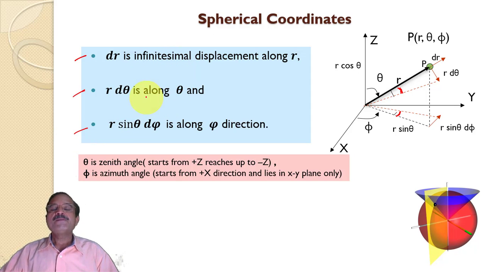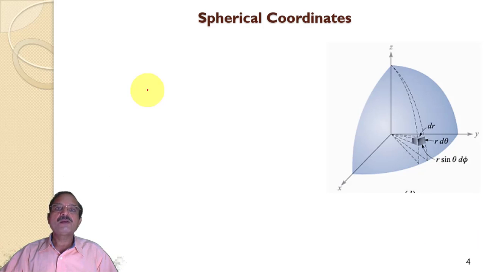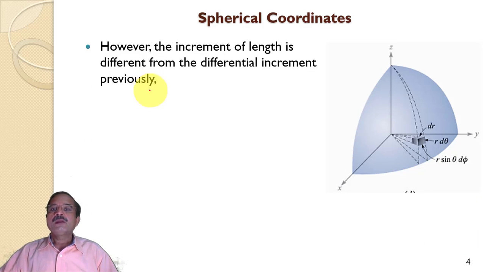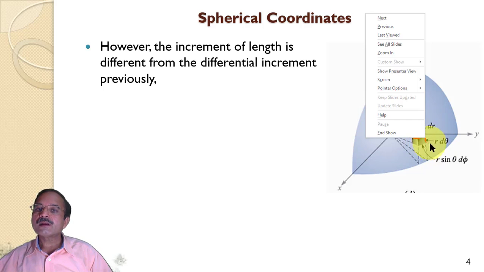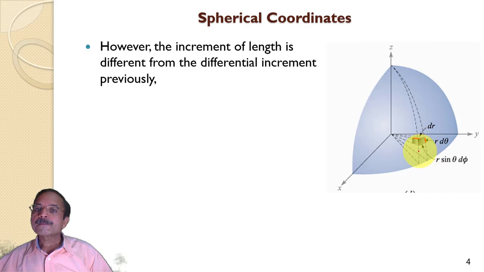Based on this, we will now find the differential surfaces and differential volume. As discussed in the previous slide, this is a small incremental length dr, this is the small incremental length r d theta, and this is the small incremental length r sin theta d phi.